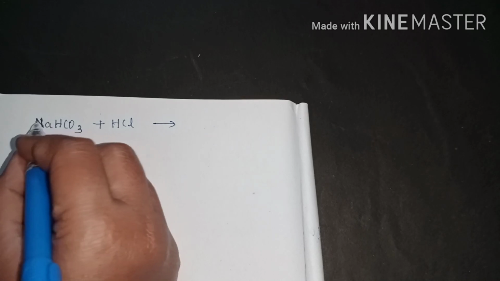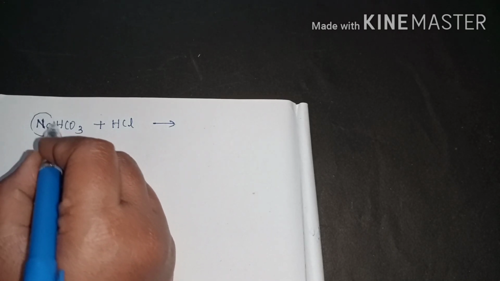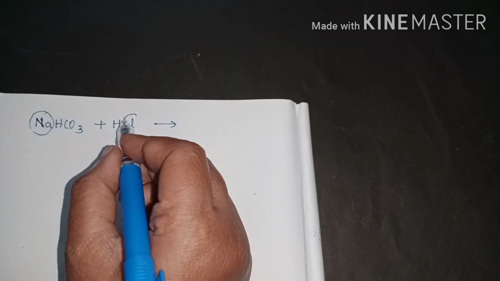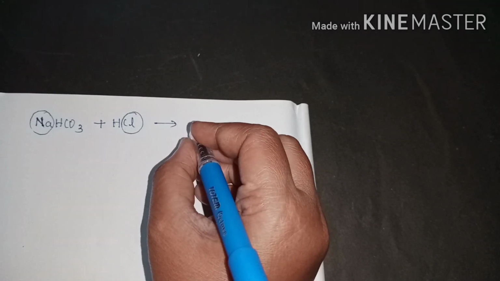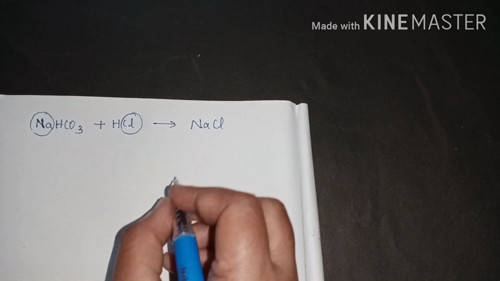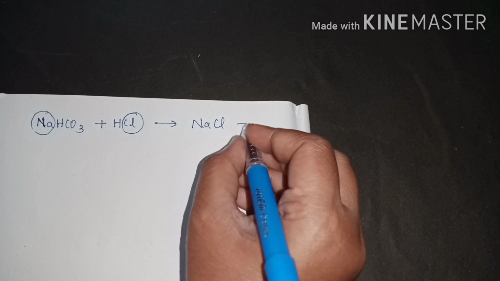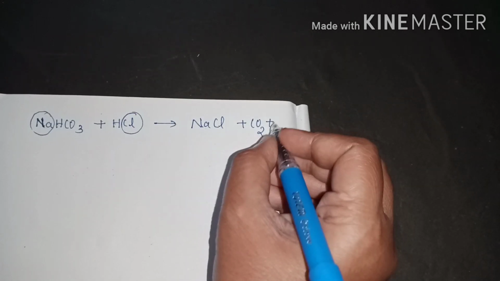How can we write the formula of salt? The cation of the bicarbonate or hydrogen carbonate combined with the anion of the acid. So we will get the formula of the salt as sodium chloride, that is NaCl. Next product is carbon dioxide and the next product is water.